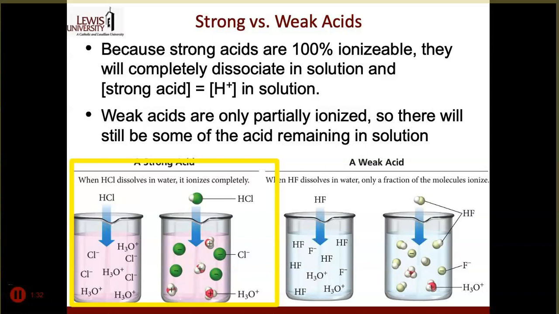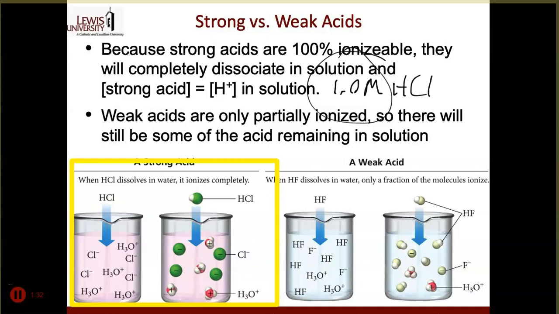And because it's 100% ionization, it's really easy to figure out the concentration of H plus in solution, right? So essentially, if I have a 1.0 molar solution of HCl, that means that the concentration of H plus is also 1 molar.